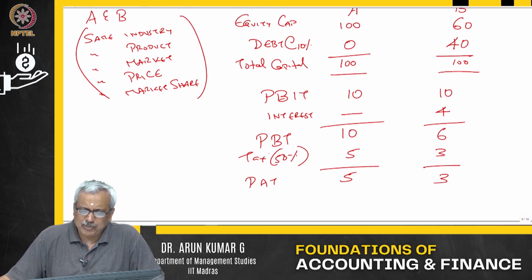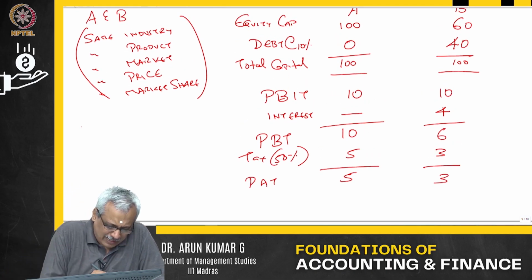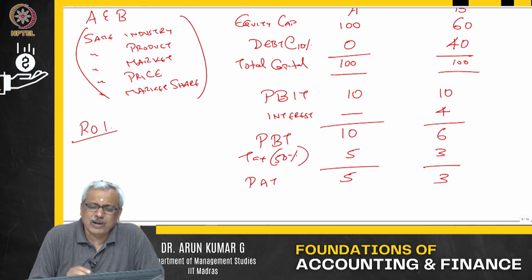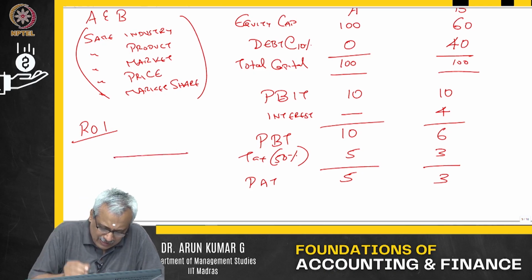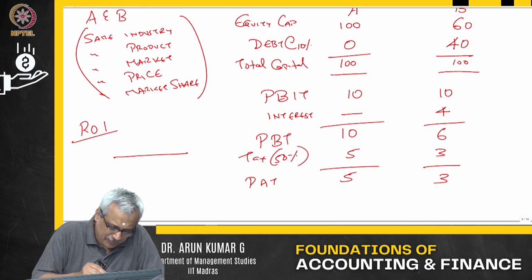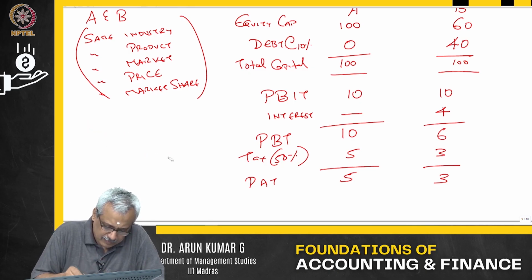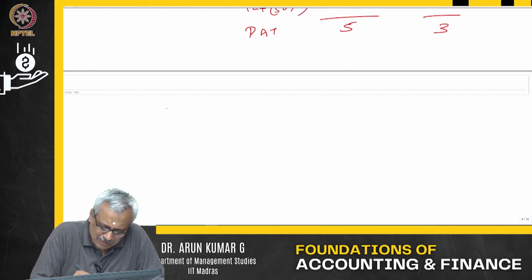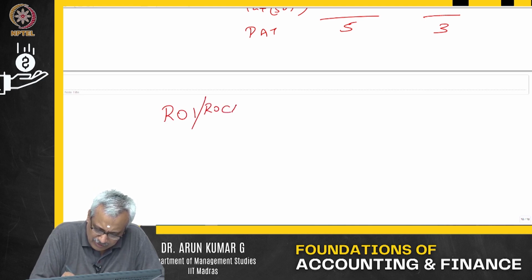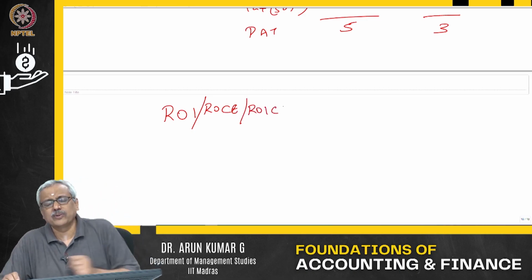Now, what is the invested capital in both? Let us say ROI, return on investment, or return on capital employed, or return on invested capital, whatever name you want to call it.